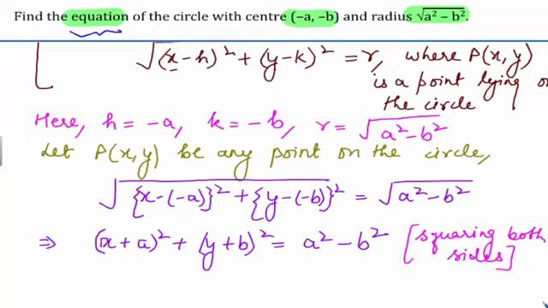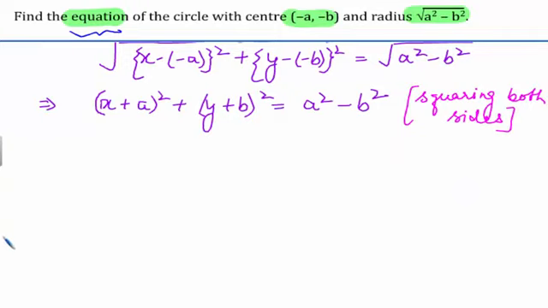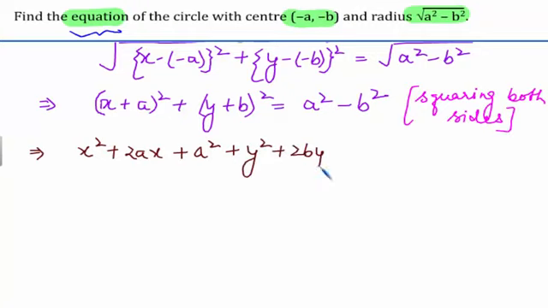Now let us proceed further. Opening the brackets, we have x square plus 2ax plus a square plus y square plus 2by plus b square is equal to a square minus b square. Now a square on both the sides cancels out.